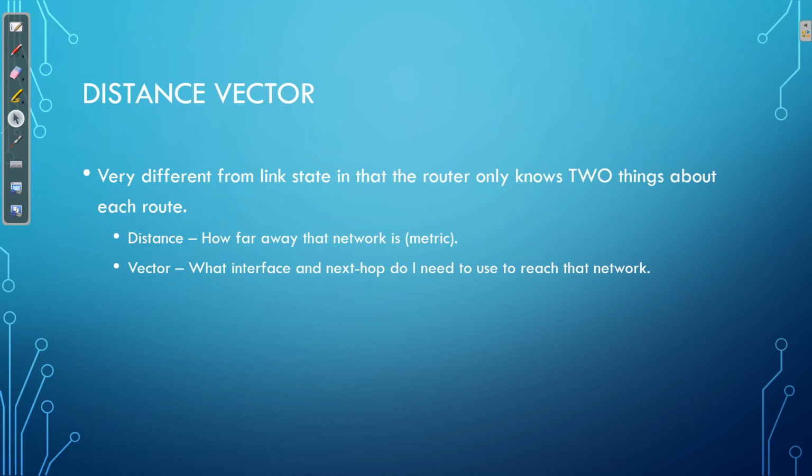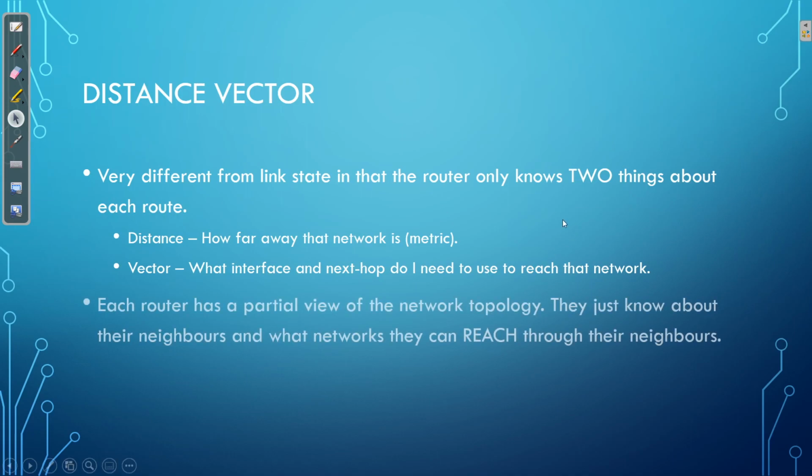As well as knowing distance, the metric of the route, a router will also know the vector. The vector is just which interface and which next hop I have to go through to reach that network. So a router knows only those two things about each route. Each router has a partial view of what the network topology looks like. They just know about their neighbors and what networks they can reach through their neighbors.